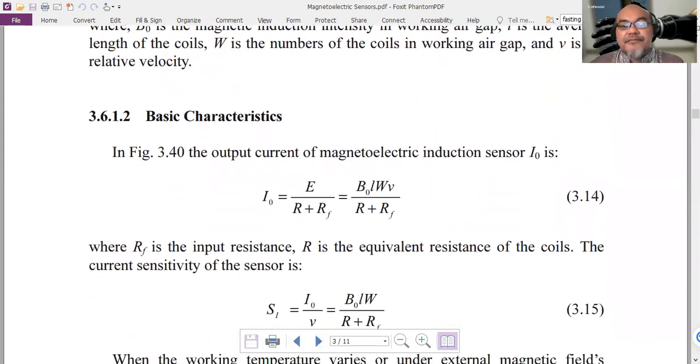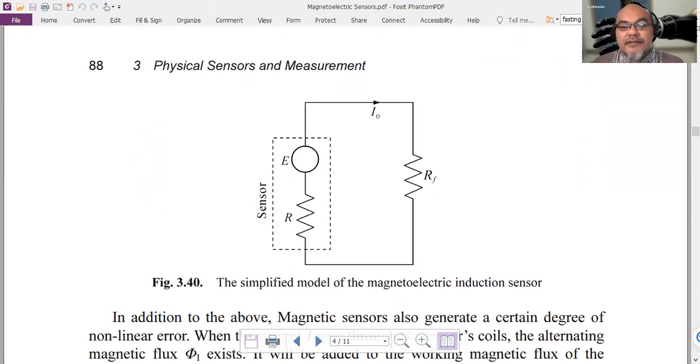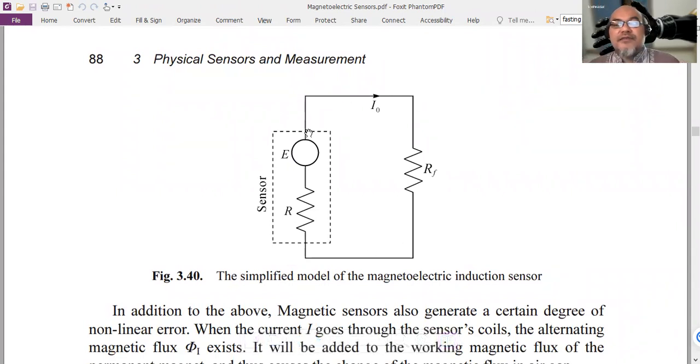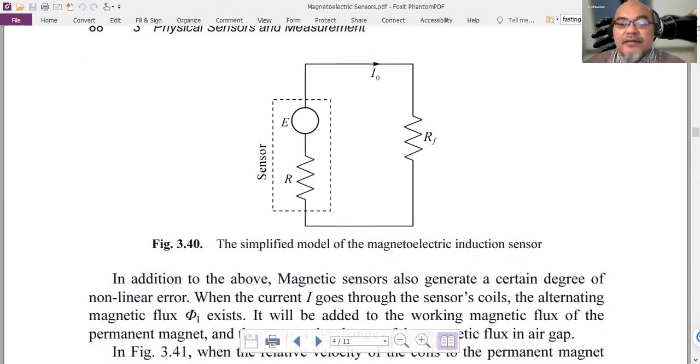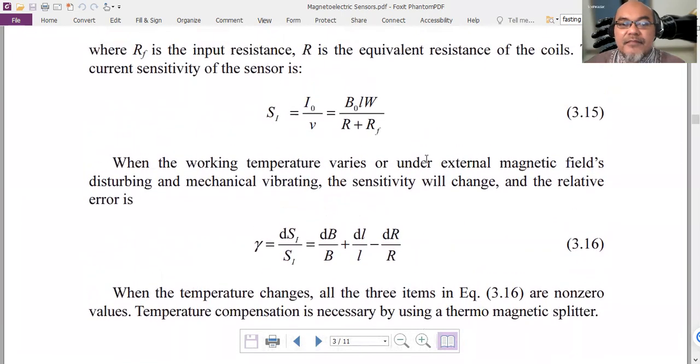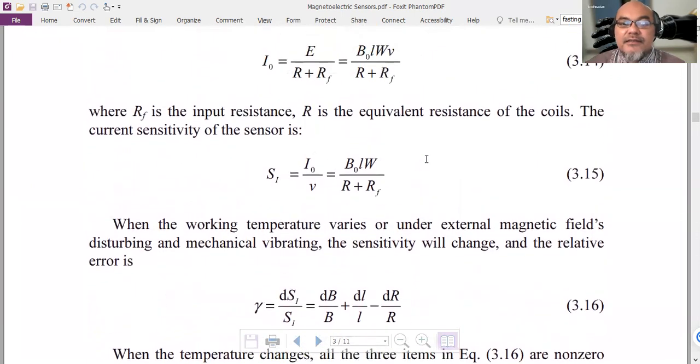Okay. So here, for example, this is the model of the magnetoelectric induction sensor, where it is modeled as an electromotive source. It's a voltage source having a series resistance, which is then connected to the input resistance RF here.